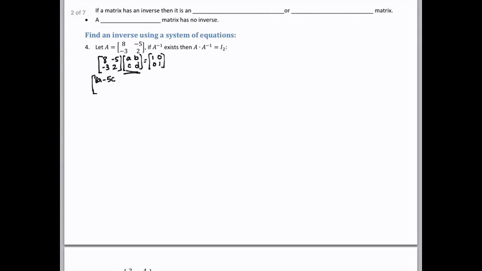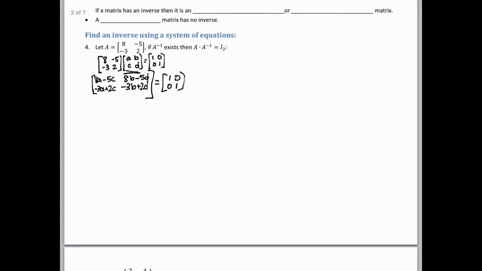First row by the first column. First row, second column, 8B minus 5D. Moving on to the second row, first column, -3A plus 2C. And our last entry here, -3B plus 2D. So I have this 2 by 2 matrix equals the identity on the other side.